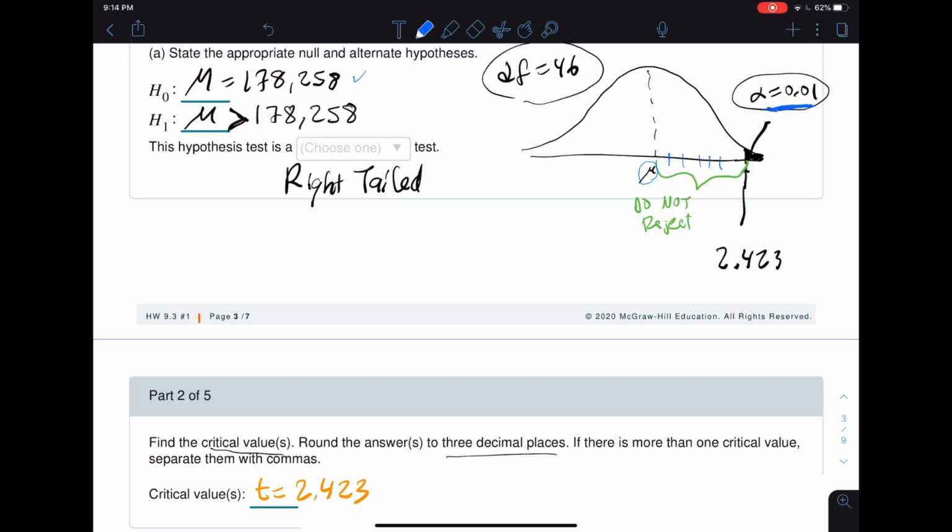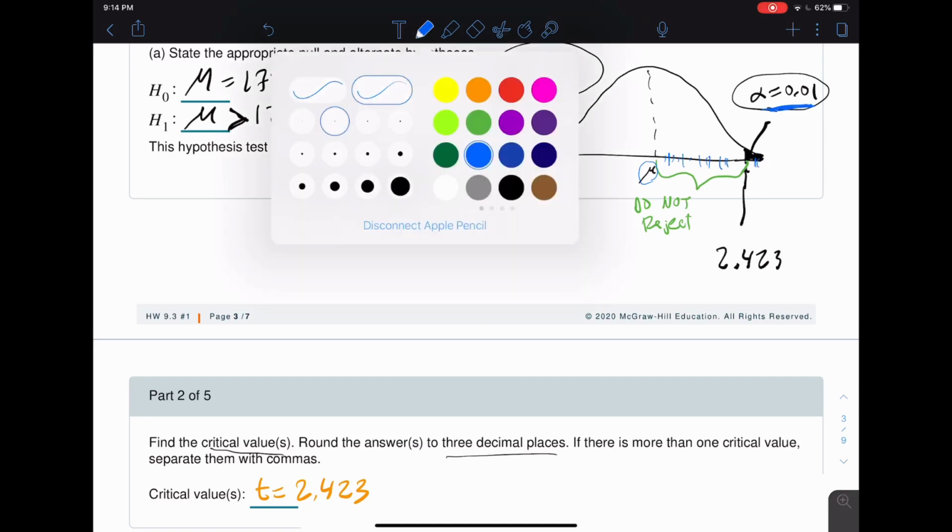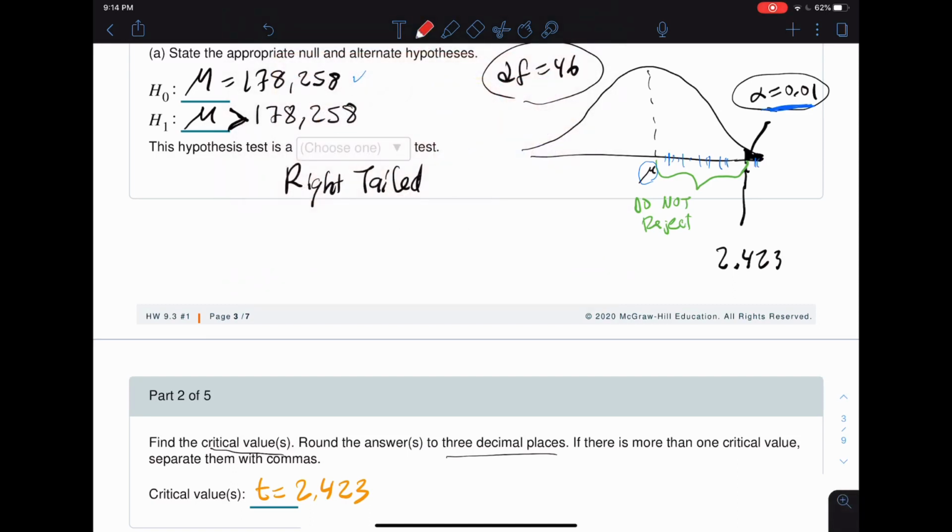All those plastic surgeons make way more than that, but these are family practitioners. So just by chance, it can be somewhere in here, and we're not going to reject. But if we are at this highly unlikely point, 1% way out here, and we plot our t-value and it ends up over here, we are definitely going to reject, because that is so unlikely.